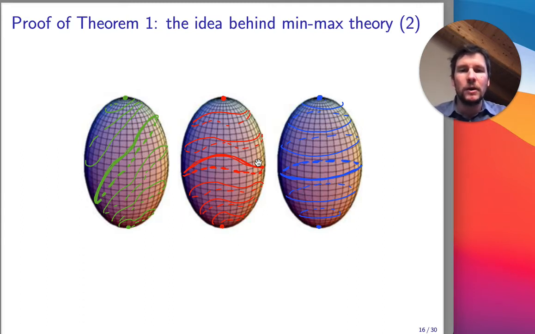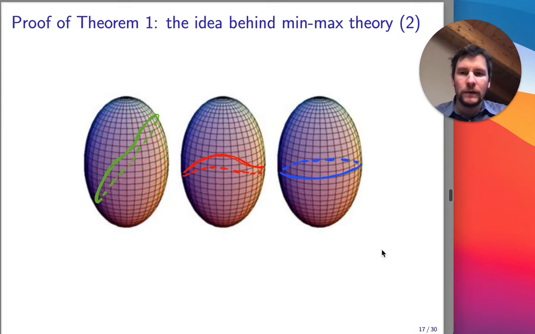And they might be much better, so the red one is a bit better because the longest curve in the red one is shorter than the longest curve in the green one. And then the blue one is even better, okay? And now if we only focus on these longest curves, the hope is that these will converge in some sense to this sort of equatorial closed geodesic, okay?